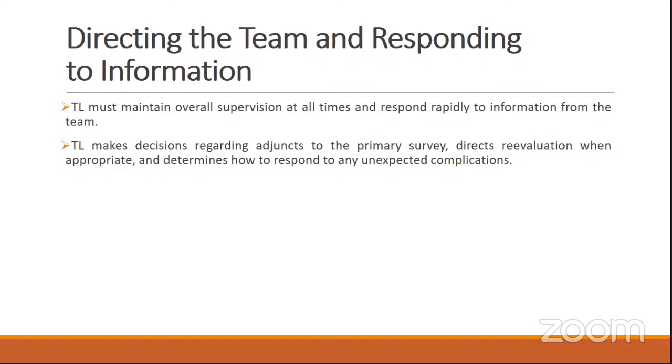All vital or key decisions will be taken by the team leader. So if anything happens during the primary survey, all the information should be informed to the TL, and ultimately the TL, that is the team leader, is the one who takes the ultimate decision.